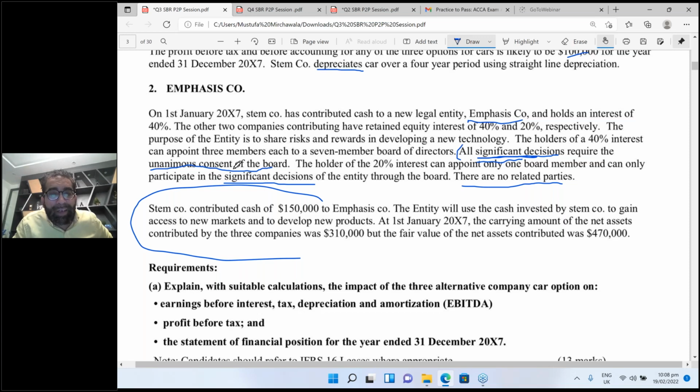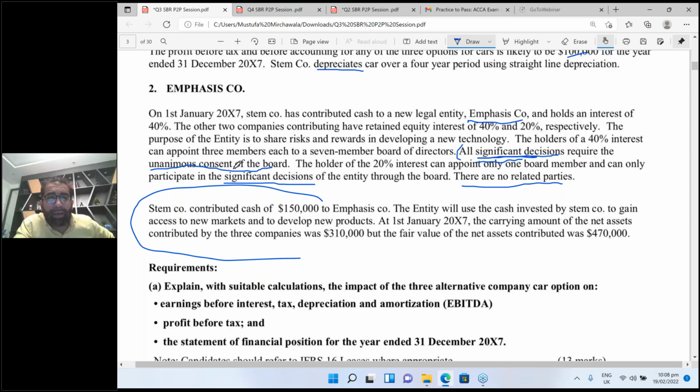In economic reality, legal holding does not matter. The real thing is decision making power. And unanimous consent is with the complete board, so this one board member can also stop things.